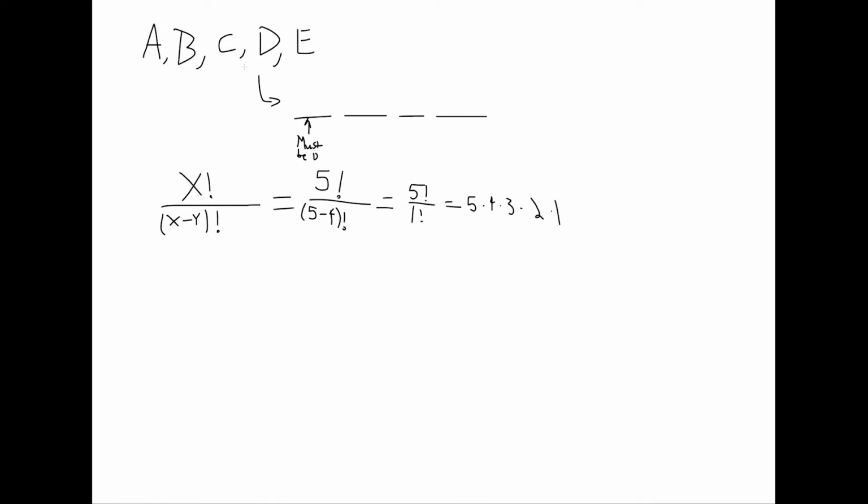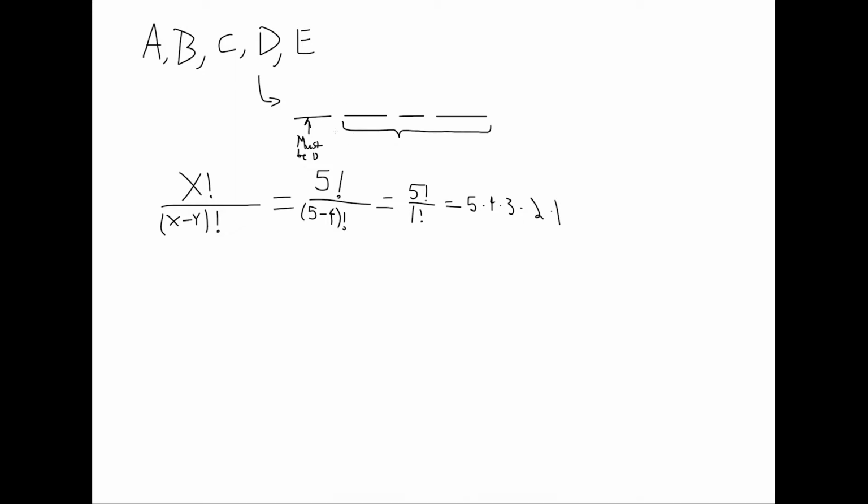Now that's just in this case, and that's assuming that there is no restriction, which clearly there is. So how are we going to integrate this restriction into our formula? Well, if we know that this first position must be D, then there's no point in assuming that it can be different letters. This first position will always be D. So the only positions that we need to concern ourselves with are these 3 positions.